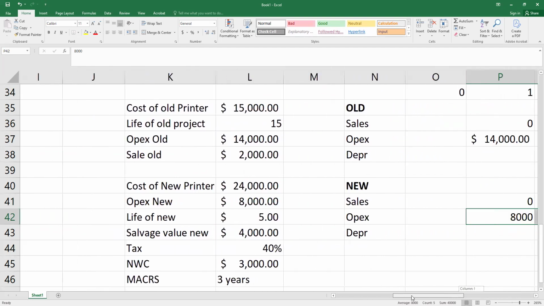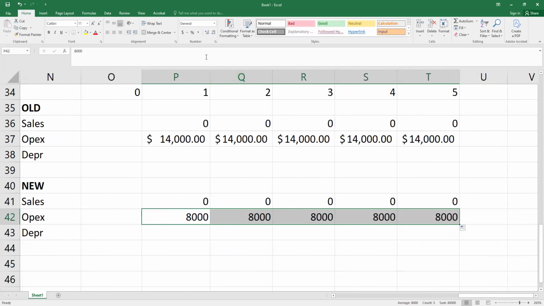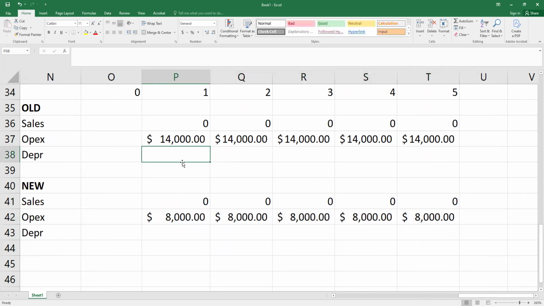For 5 years. And depreciation, it was 15 years for the old one, straight line method. So each year it was 1,000.